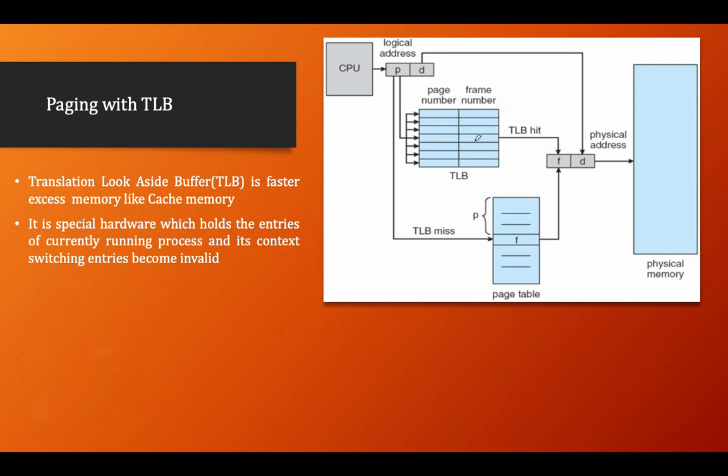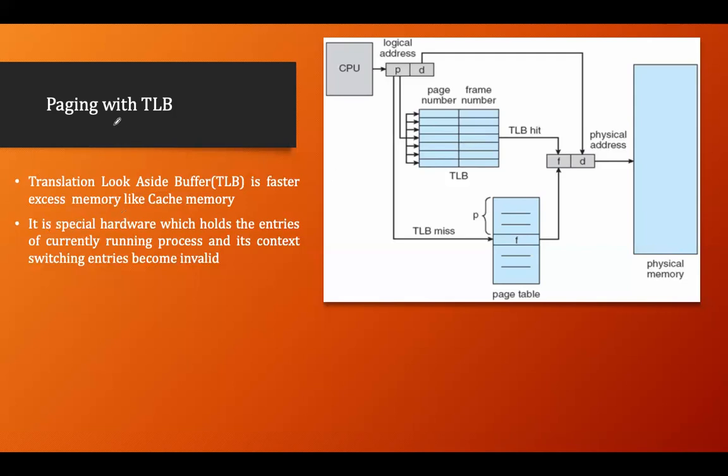And here what we do is we put those pages or those instructions which are going to be used in future, using the locality of reference concept. So in between the page table and the logical address generated, we have the TLB here. I'll let you know the significance of this particular TLB.